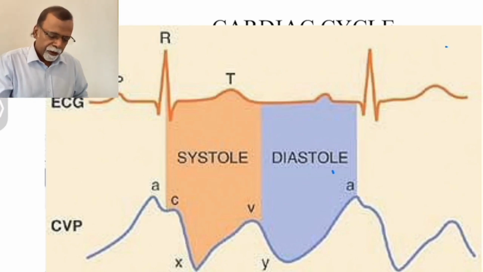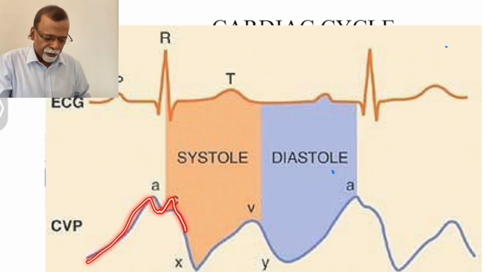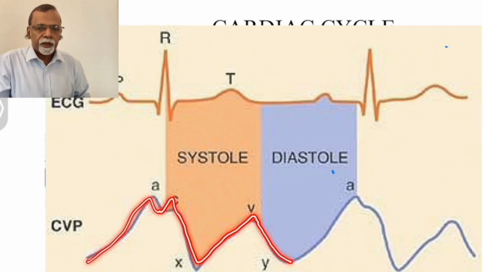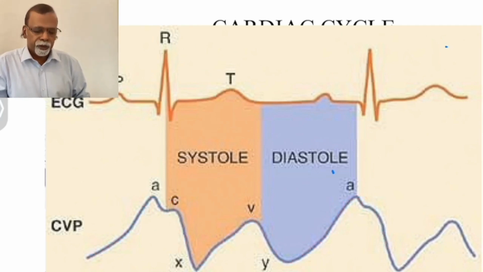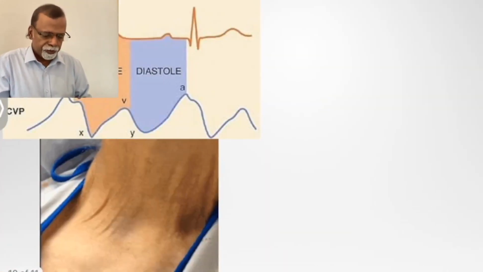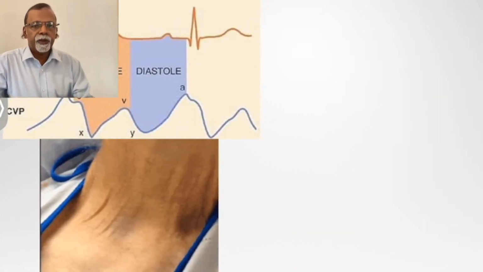If you draw the ECG and the JVP, the A wave is atrial contraction, C wave is bulging, the pressure comes down, X descent, continuous filling, the V wave, and the AV valve opens, suddenly the pressure drops. That is the Y descent. Again the cycle repeats. So this is what we should know about the JVP.